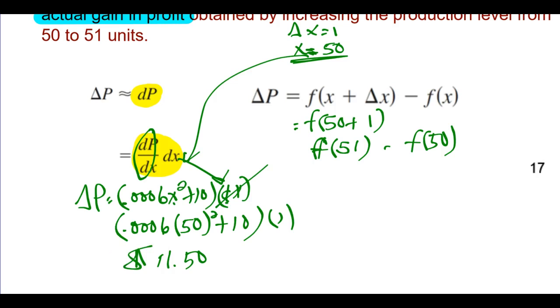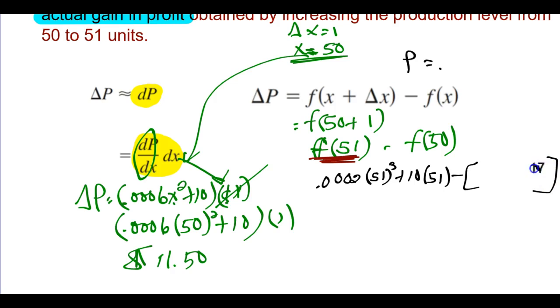So over here, we are almost done. All I have to do is go back to the function. Remember, p was equal to 0.0002 times 51 cubed plus 10 times 51, minus this whole thing again, but instead of 51, this time I'm going to plug in the 50. So 0.0002 times 50 cubed minus 10 times 50.